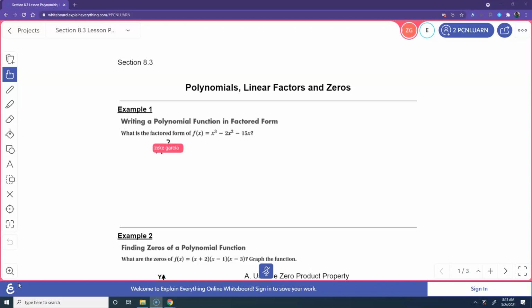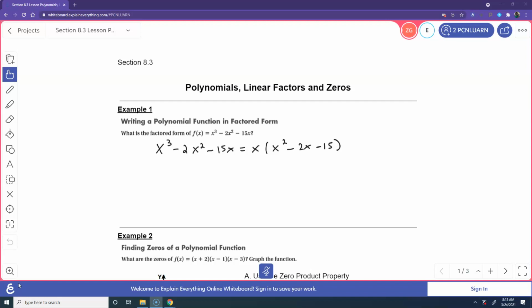I have x cubed minus 2x squared minus 15x, and I notice that x they have in common, so you're left with x squared minus 2x minus 15. Now we're going to factor x squared minus 2x minus 15 using the factor sum method.